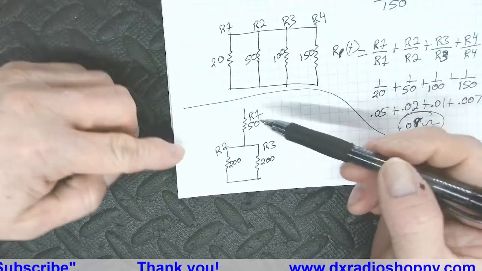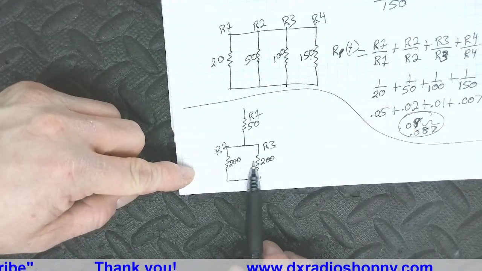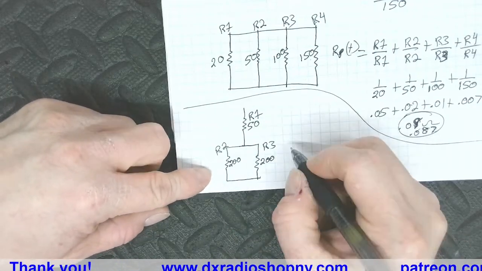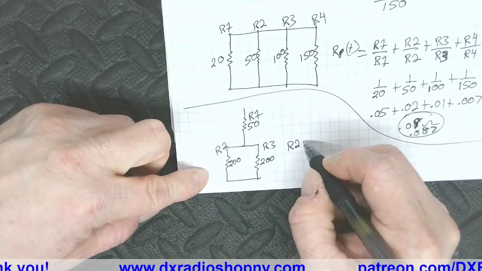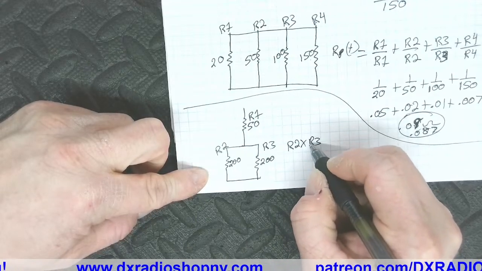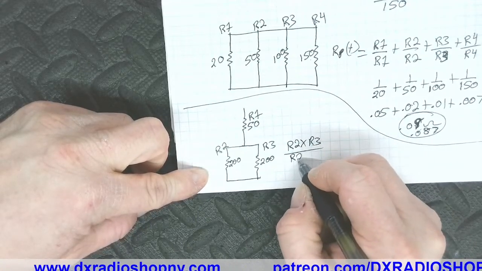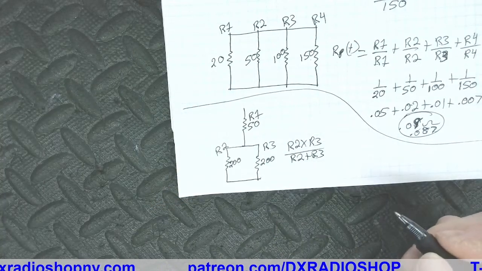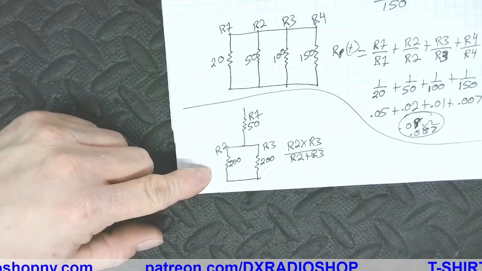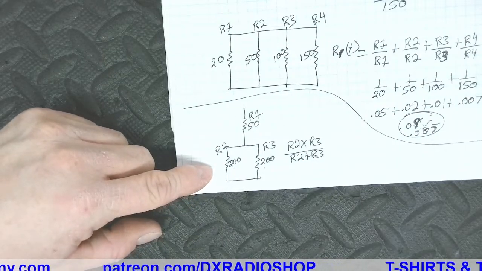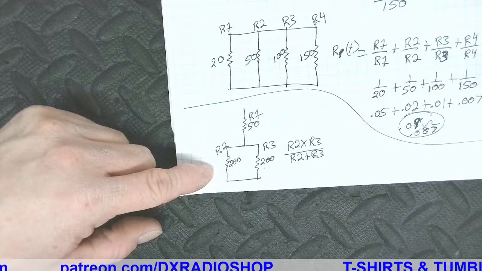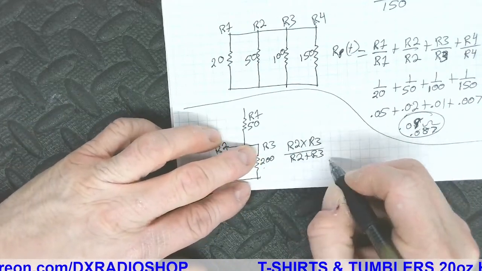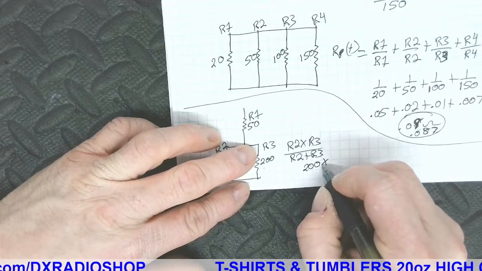What you're going to do is take the same thing that applies up here. So we're going to take R2 times R3 divided by R2 plus R3. Well, what is that? We have 200 and 200, right? So 200 times 200 is 40,000.